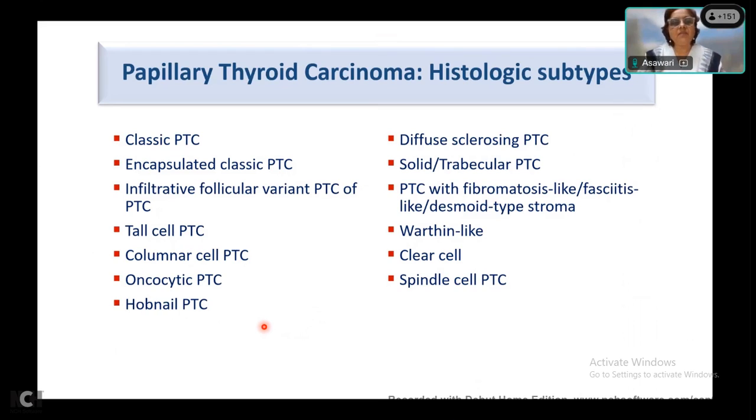It is often that we see there are multiple features, like you can have a mixture of all these tall cell features, sometimes hobnail, sometimes columnar together. So when you see that, the most important thing to look for is, sample it extensively, look for any necrosis and look for any mitosis which is going beyond 5 or more per 2 millimeter square.